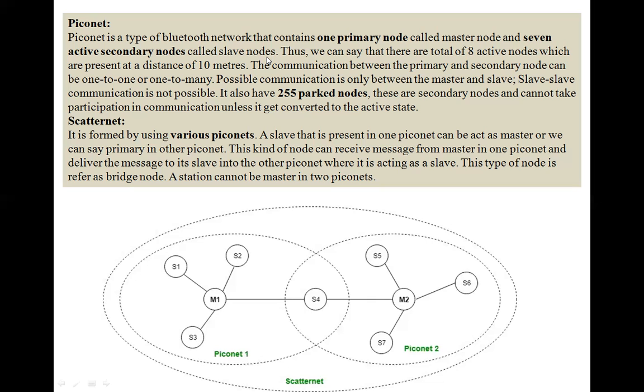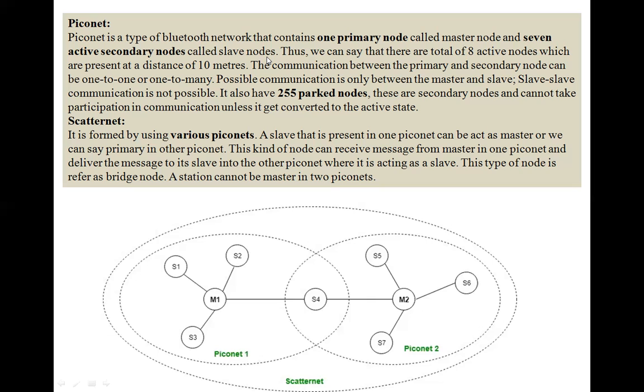Here M1 is referred to as the primary node and S as slave nodes. So a maximum of seven slave nodes will be handled by a primary node. All the active nodes are present within a distance of 10 meters.